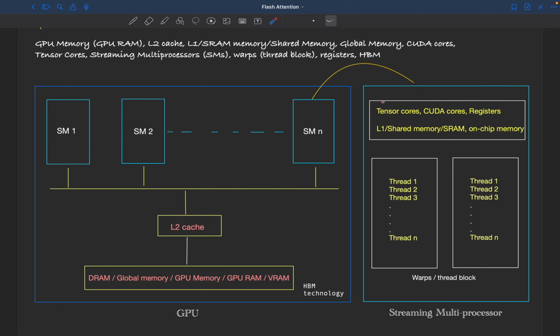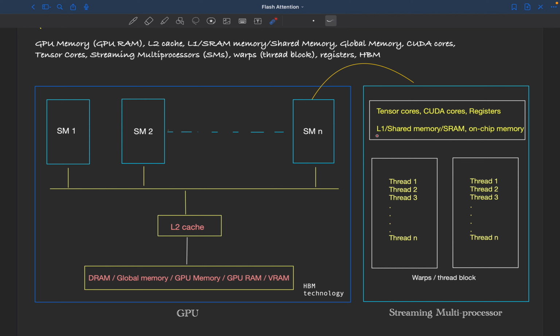And a streaming multiprocessor, depending on the kind of architecture, may have optional tensor cores or CUDA cores, and definitely it would have registers. And sometimes L1 cache is also called SRAM, and it's also called shared memory, and combined this is called on-chip memory with respect to GPUs.